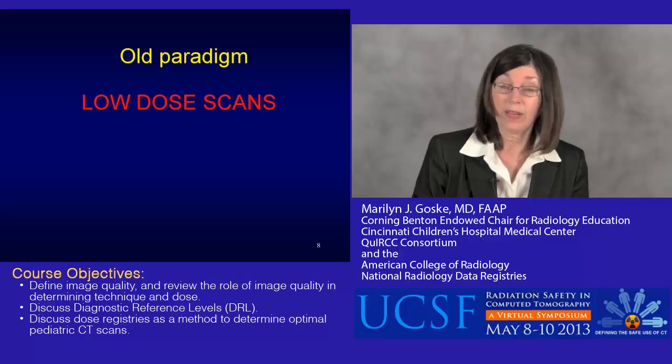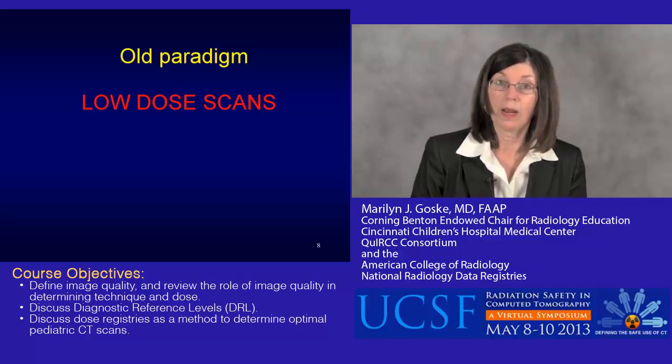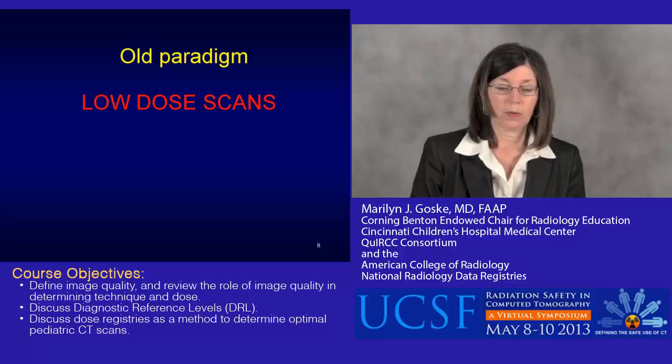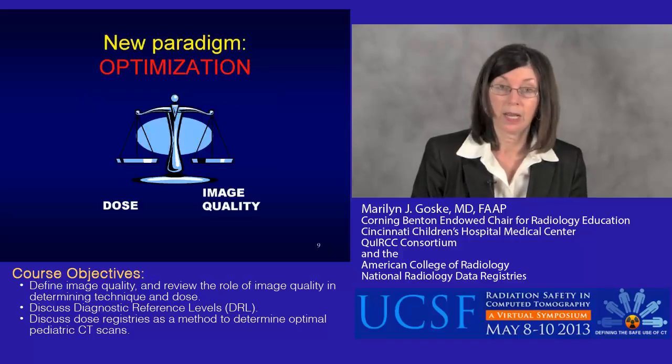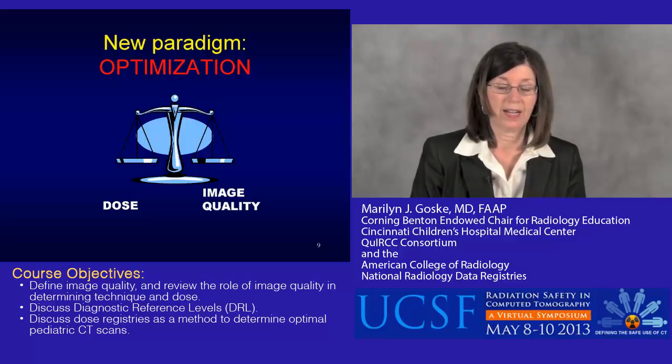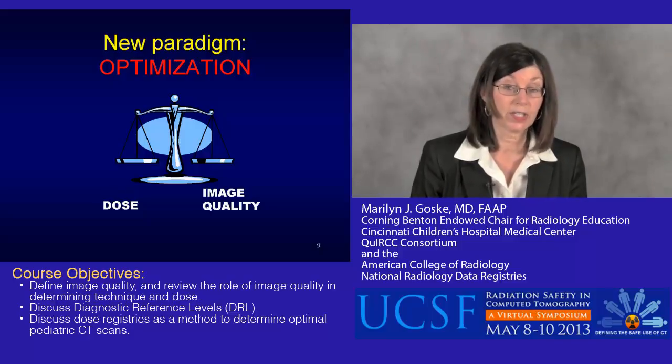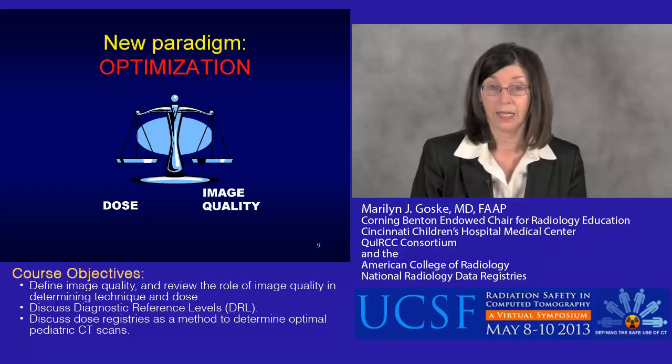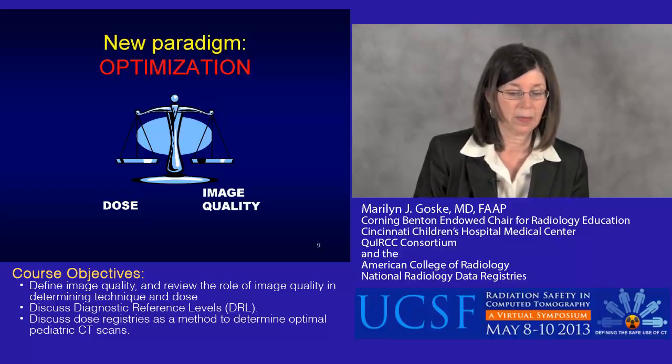We now have had a shift where the new term is optimization. The reason this new term has come into favor is that it not only takes into account dose, but it also takes into account the image quality. Obviously, if you lower the dose enough, the patient gets very little radiation, but you can't see the body. In this case, it's not going to help make a diagnosis.